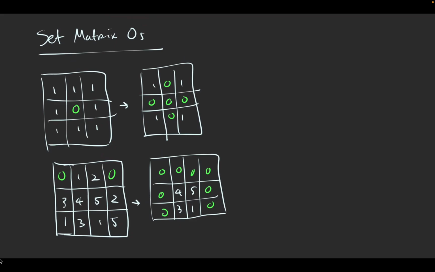So the intuition is basically, well, first we have to talk about constraints. One is if it's empty, we don't return anything, right? So we do it in place. And then the time constraint is going to be O of n squared, and the space is also going to be O of n for the worst case.